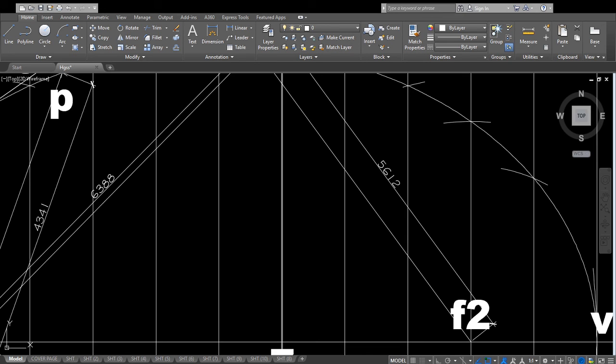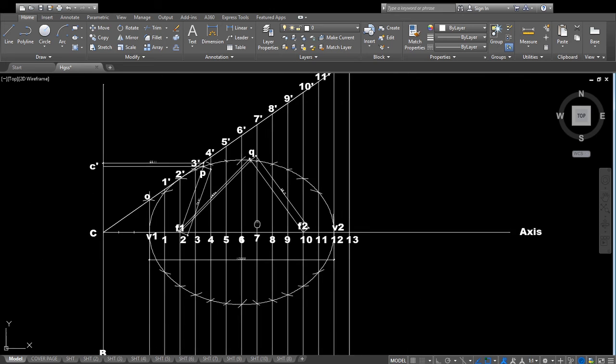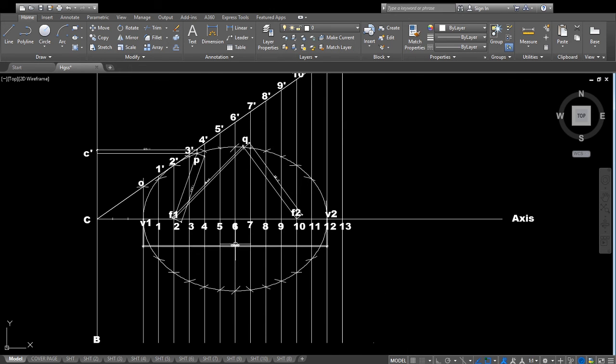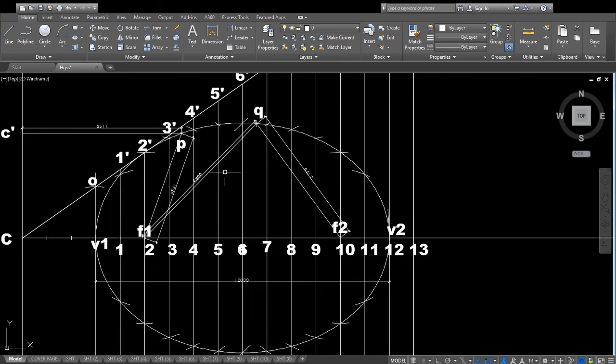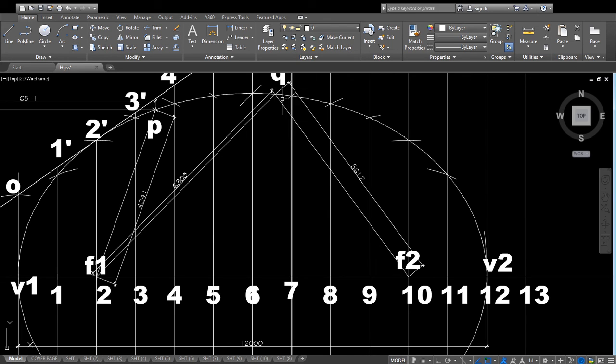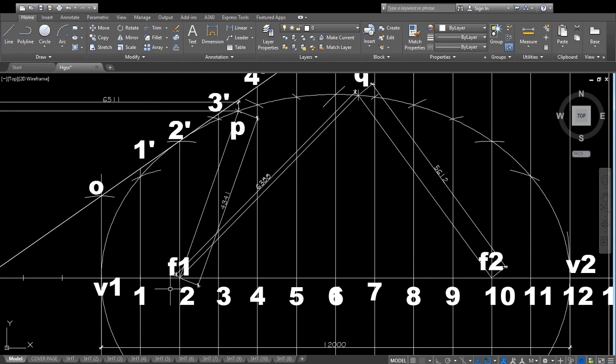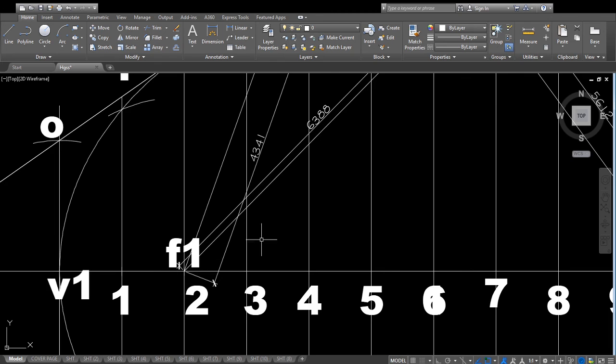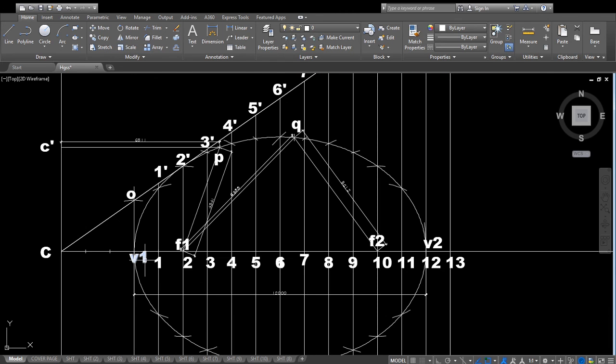You add it up, it will give you 12,000, which is exactly what we have. So on your own you can go ahead and practice it. Take any point, draw a line from that point to F1 and another line from that same point to F2. Take the measurement, add it up, it will give you the major axis of the ellipse, which is V1V2.